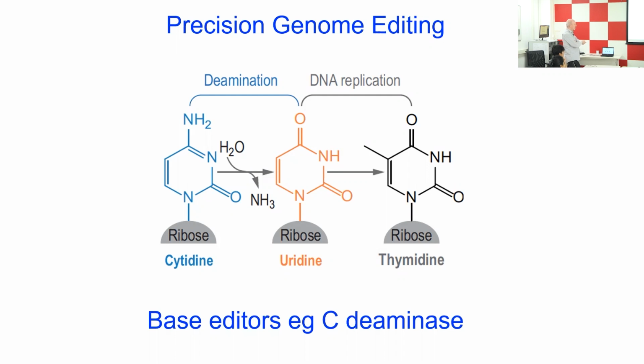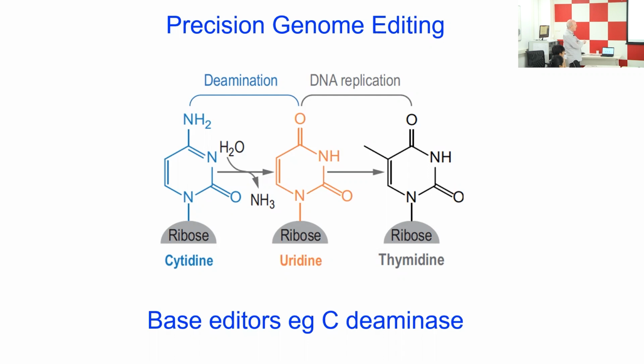And then this uridine, upon subsequent cycles of replication, will be recognized as a thymidine. So a cytosine deaminase is able to convert cytidines eventually into thymidines.